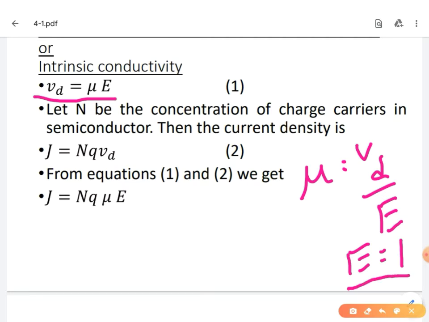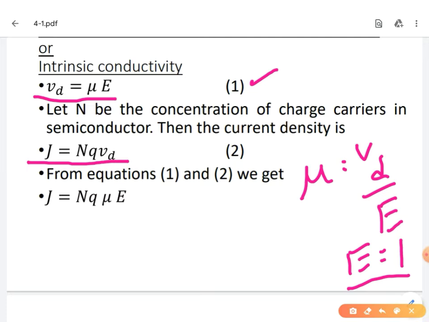The expression for drift velocity is Vd equal to mu into E. Suppose there are n charge carriers, that means n is the concentration of charge carriers in the considered intrinsic semiconductor bar. In that situation, the corresponding current density can be written as J equal to nq into Vd, where n denotes the concentration of charge carriers, q denotes the charge of the charge carrier, and Vd denotes the drift velocity of the charge carrier.